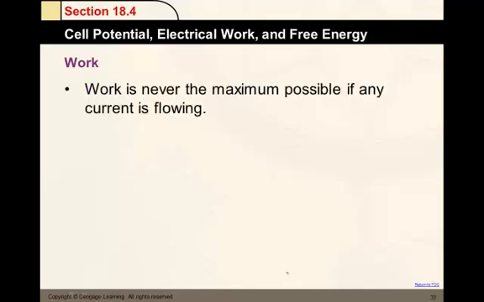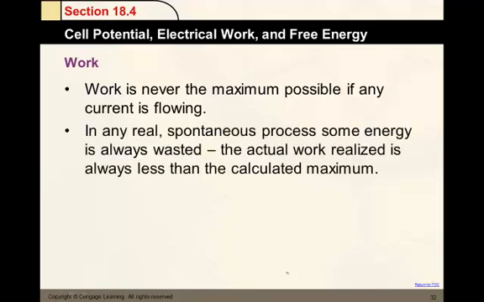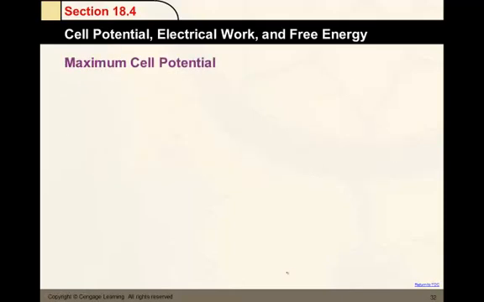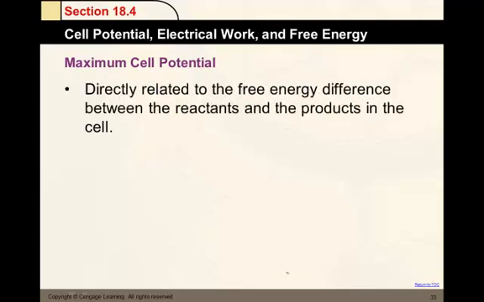Work is never the maximum possible if any current is flowing, because that's what energy is being used to do. In any real spontaneous process, some energy is always wasted. The actual work realized is always less than the calculated maximum. And then free energy is directly related to the free energy difference between the reactants and the products in the cell.